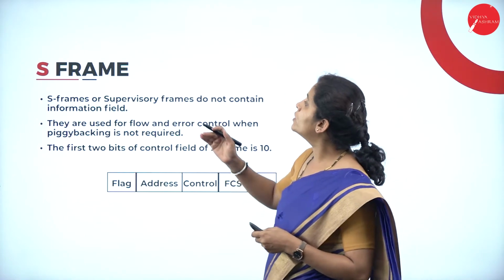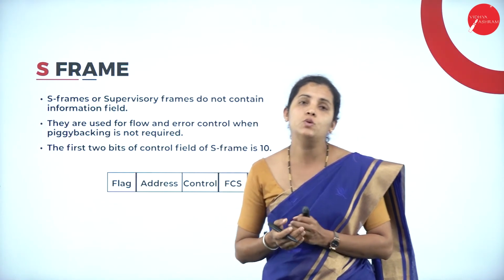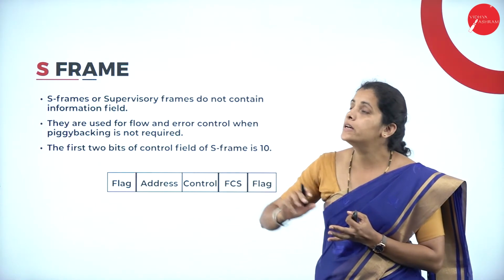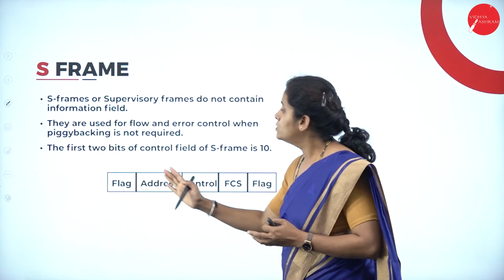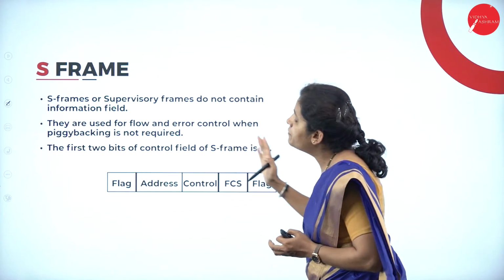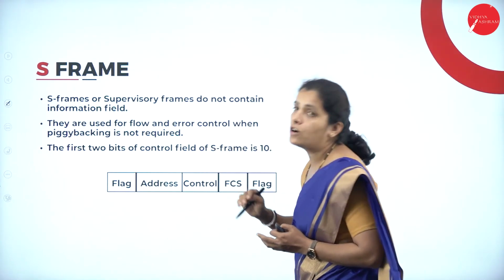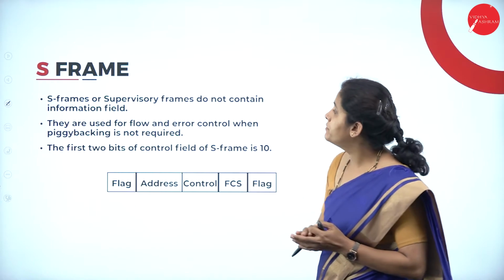Because in the information frame, the flow control and error control is carried out by using the piggybacking technique. This is the S frame format, and it does not contain an information field.